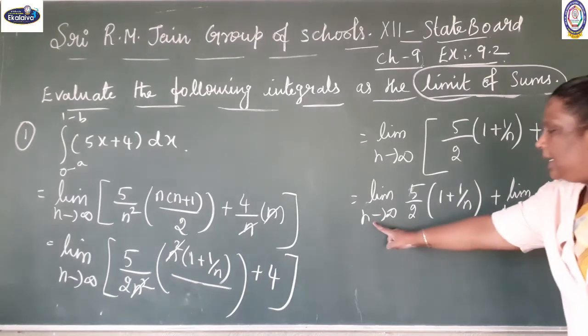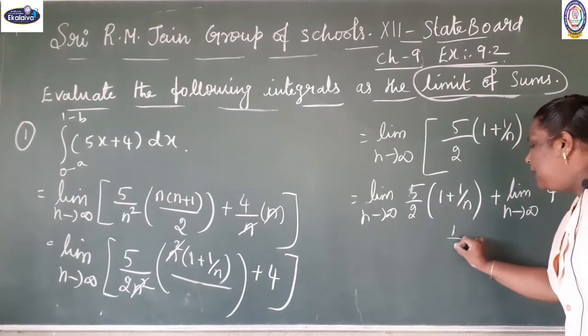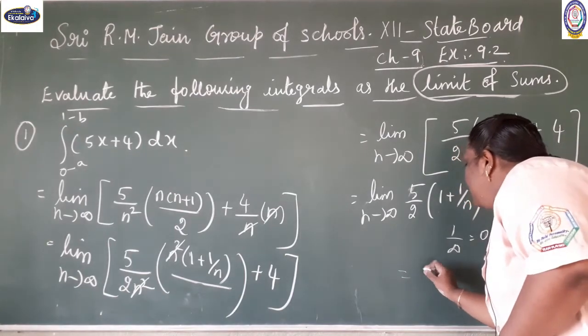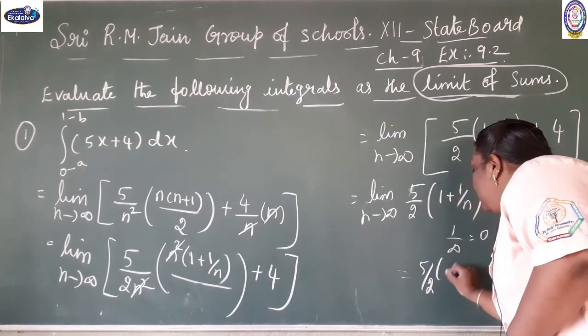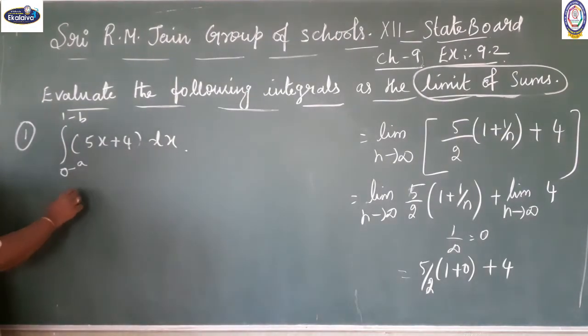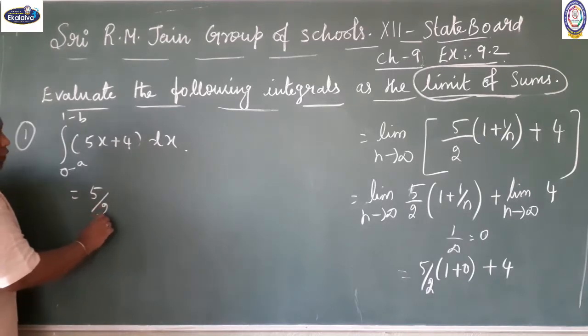If we apply n tends to infinity here, 1 by infinity becomes 0. So what value are we getting? 5 by 2 into 1 plus 0 plus 4. So it gives 5 by 2 plus 4.